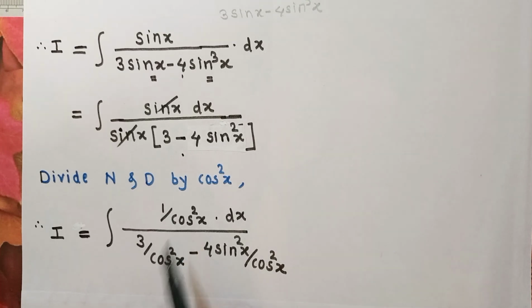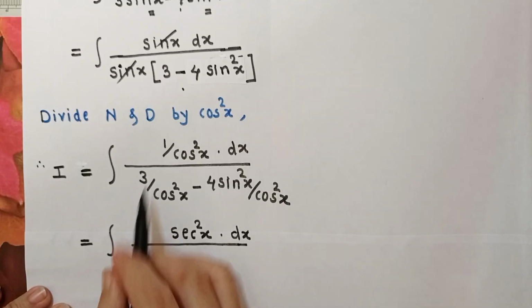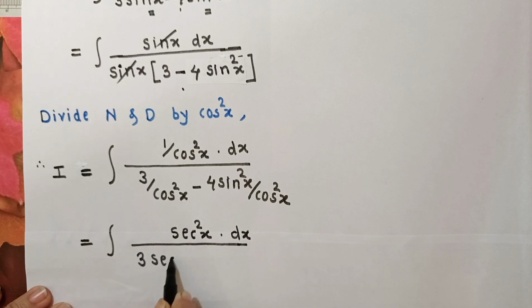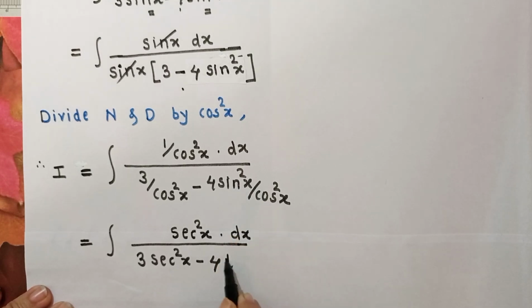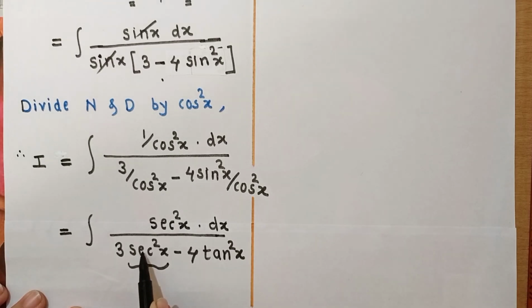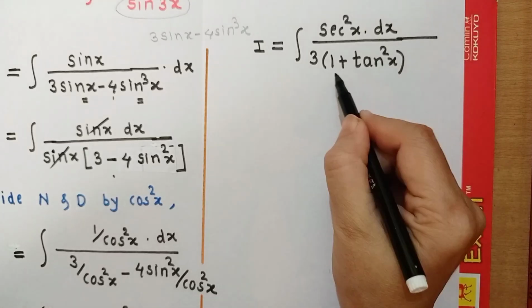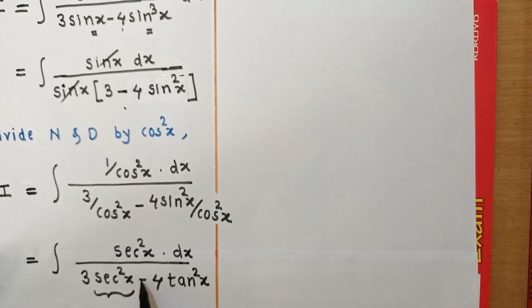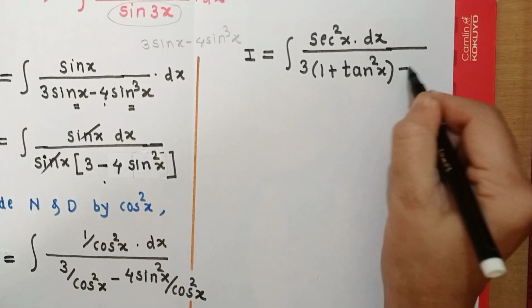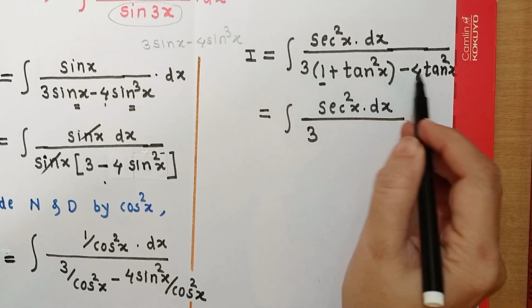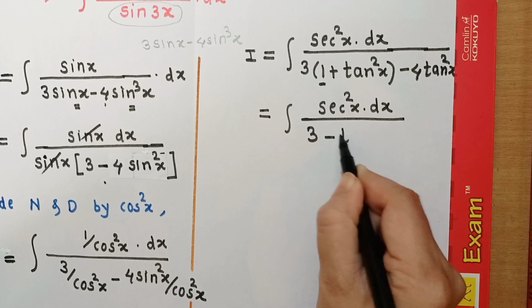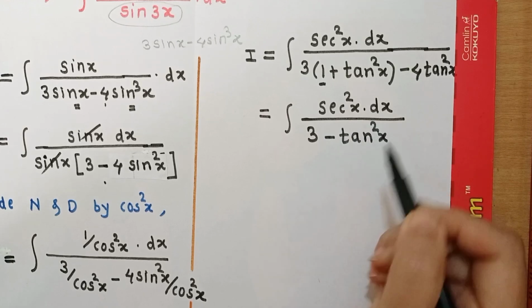Now 1 upon cos square x means sec square x, and here also 3 sec square x minus 4, again sin square x upon cos square x means tan square x, and then substitute sec square x equal to 1 plus tan square x. So we get this 1 plus tan square x and again minus 4 tan square x as it is. Check the denominator. This 3 and 3 tan square x minus 4 tan square x is minus tan square of x.